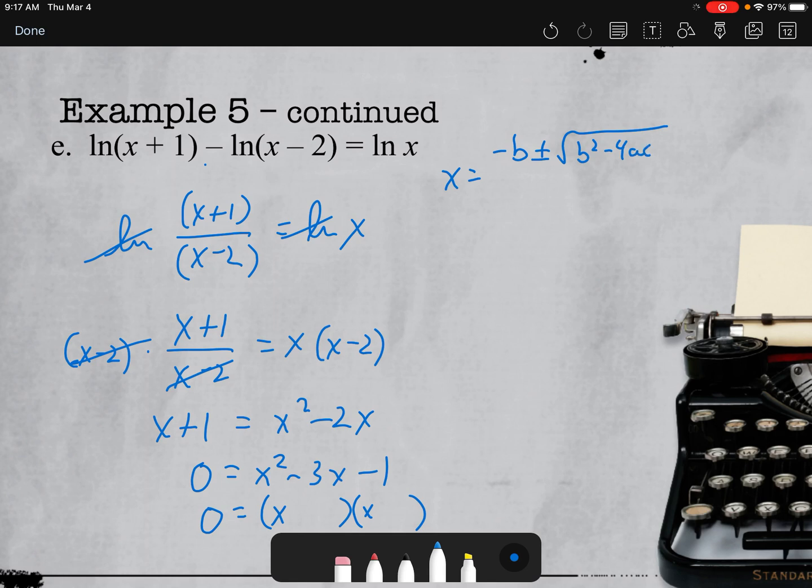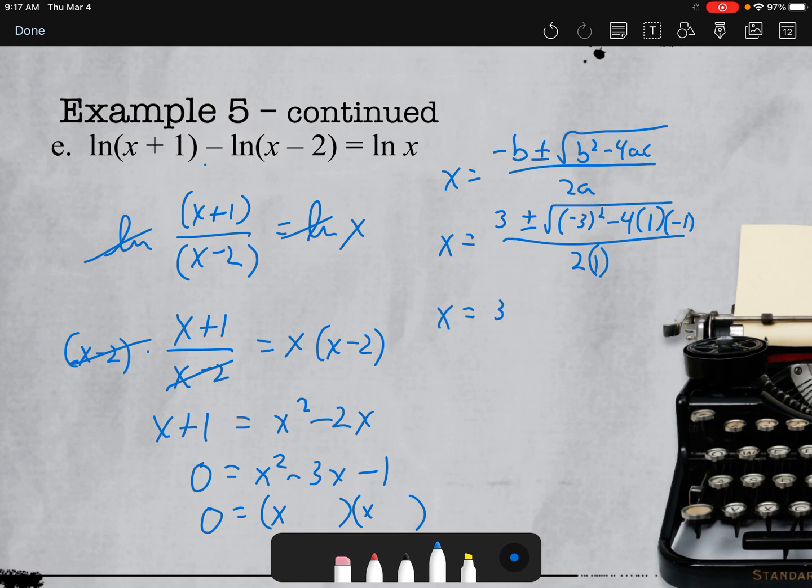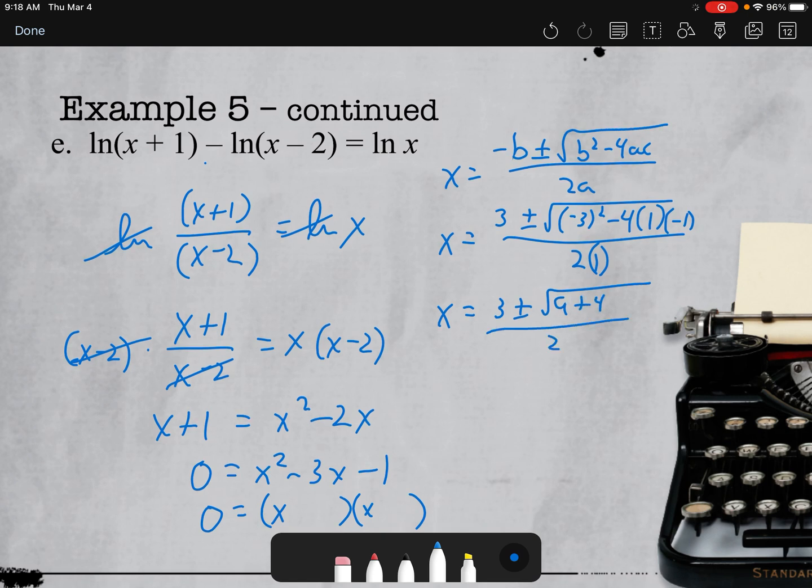The quadratic formula. So negative b would be positive 3. Negative 3 squared minus 4ac all over 2 times a. So that would give me 3 plus or minus 9 plus 4 all over 2. 3 plus or minus radical 13 over 2.